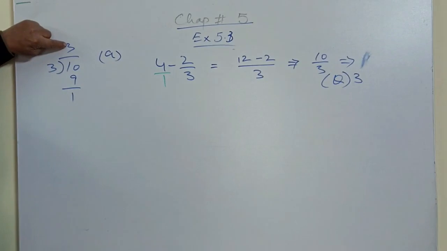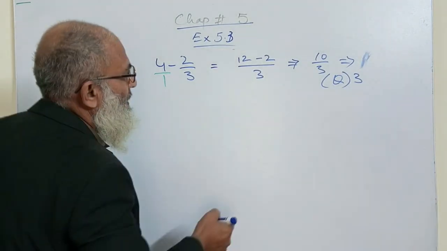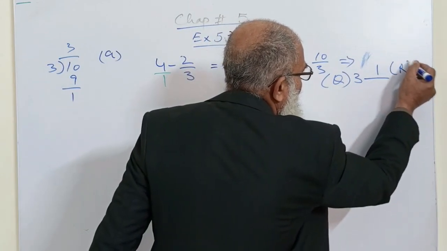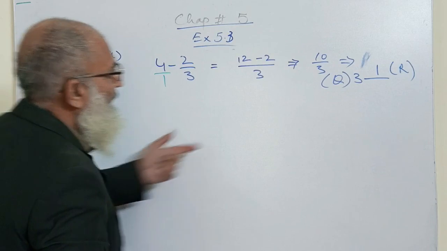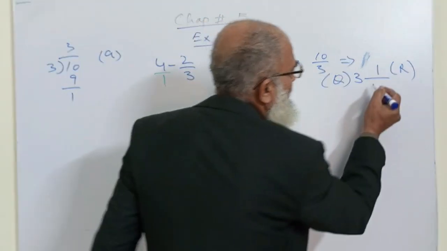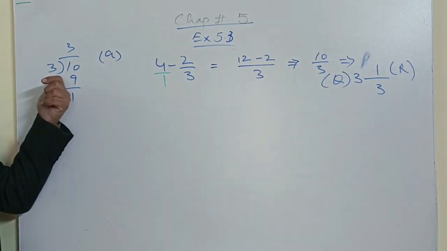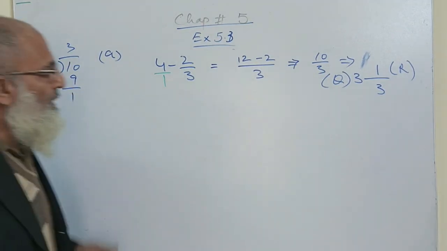This thing is called the quotient. This is the remainder. Write the remainder over here. And whatever is the denominator, which is the dividend.